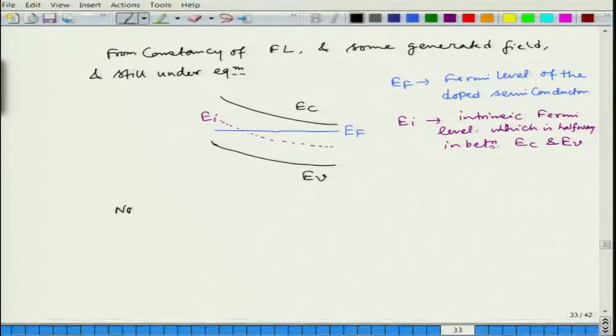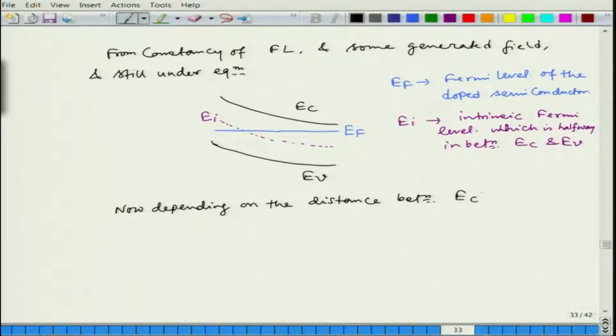Now, depending on the distance between the conduction band edge and the Fermi level, the electron concentration will change, right.